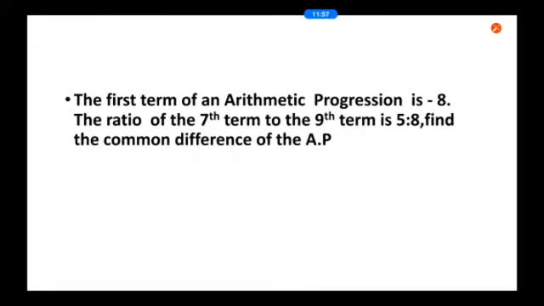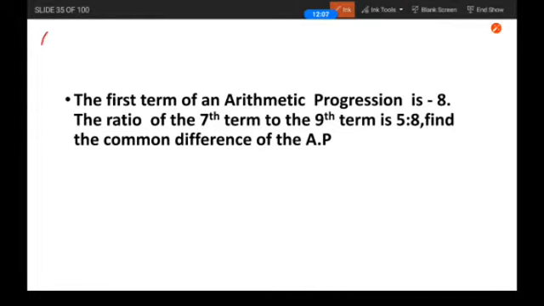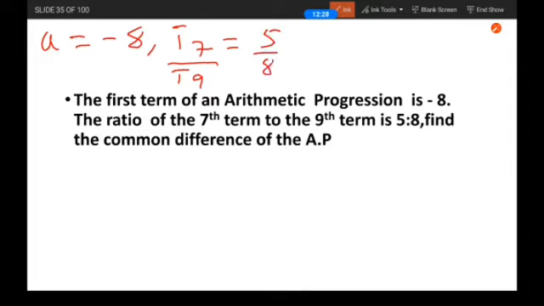The next question, AP. Now, the first term of an AP is minus 8. In AP and GP, first term is represented as A. And in this question is minus 8. Now, look at that. The ratio of the seventh term, so that means T7, ratio means division as well, to T9 is 5/8, as in A ratio B is simply A/B.